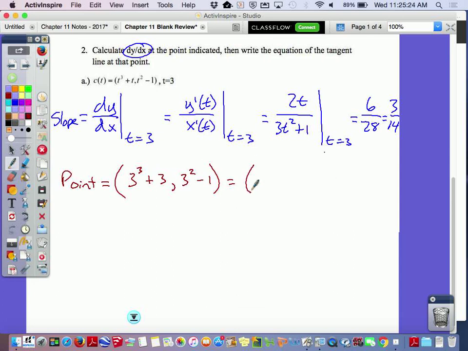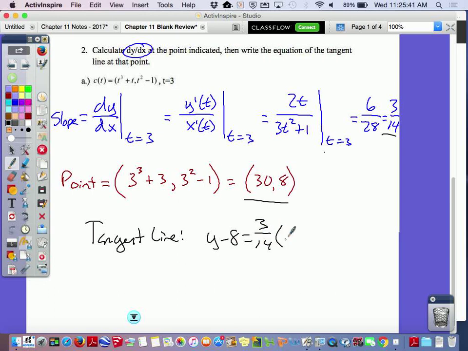That gives us the point (30, 8). And we'll use our point and our slope together to make the equation of our tangent line, which would be y minus 8 equals 3/14 times x minus 30.